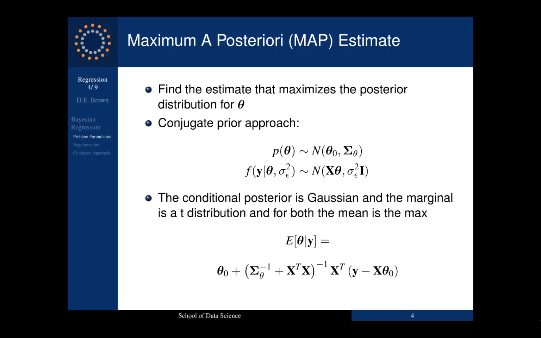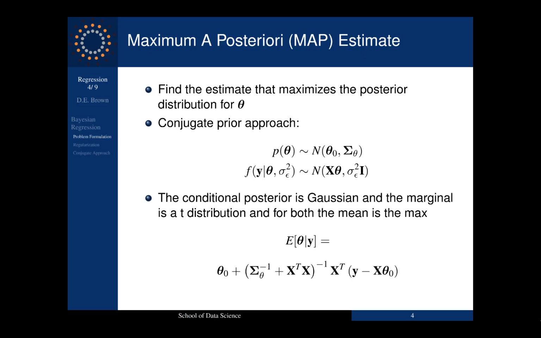The conditional posterior then, given what we know about conjugates, since the prior is conjugate, the conditional posterior is conjugate, and of course we know the marginal is a t-distribution. It doesn't matter because for both of them, the mean is in fact, as we said, the maximum of the posterior distribution.